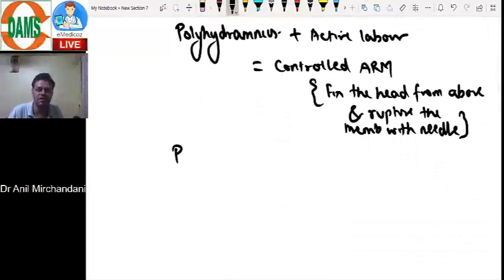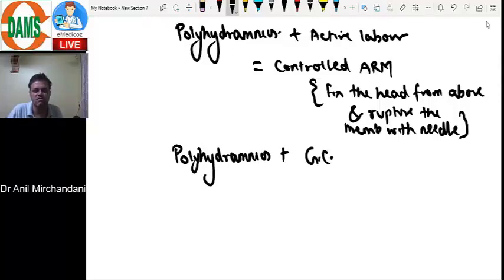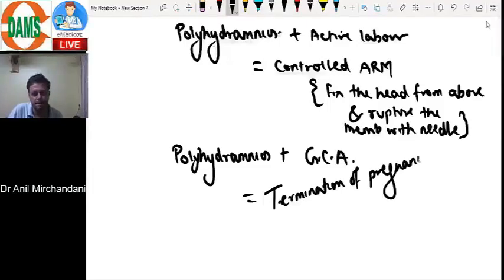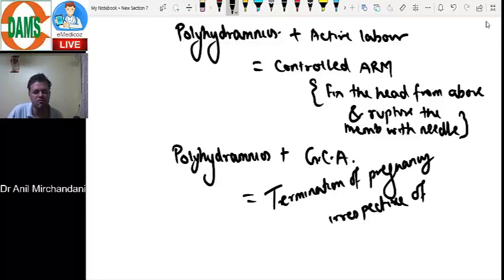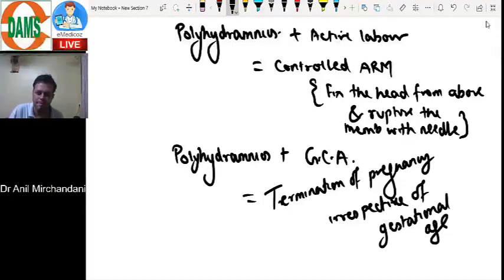What about a patient having polyhydramnios plus gross congenital anomaly? Polyhydramnios plus gross congenital anomaly, we do termination of pregnancy irrespective of gestational age. Example, anencephaly.